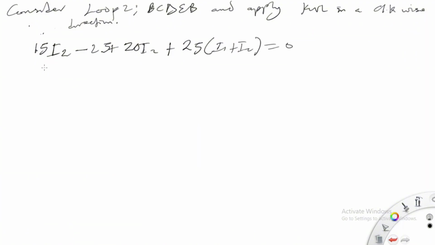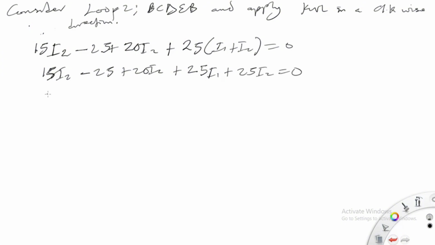So we have 15 I2 minus 25 plus 20 I2 plus 25 I1 plus 25 I2 equal to 0.